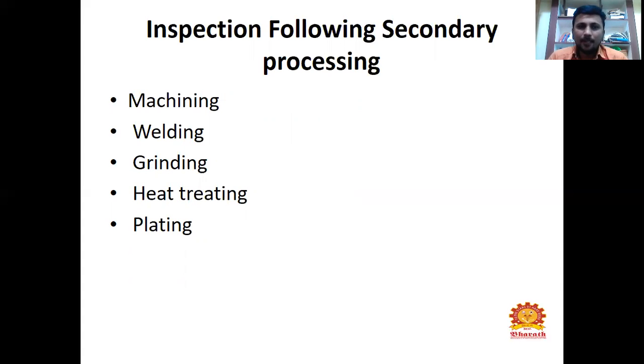Machining, welding, grinding, heat treating, and plating. Machining, you know, right? Using a lathe or CNC machine components. Then welding joins two materials. Grinding, heat treating, and plating you also know. During the inspection of these processes, particular defects can be found using NDT methods.